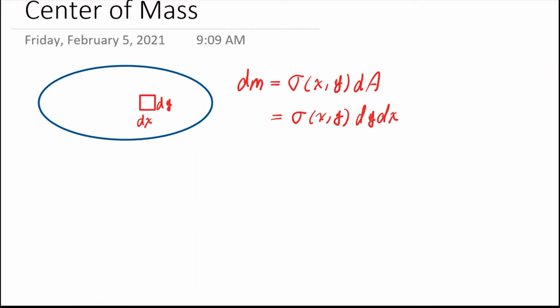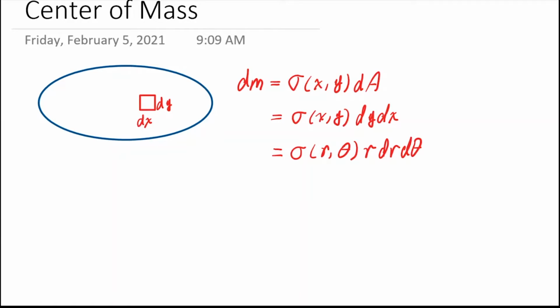In case you wanted to do this in polar coordinates, that's sigma, and then we have to convert this into r and theta, and not to forget, r dr d theta. You know what I'm saying?